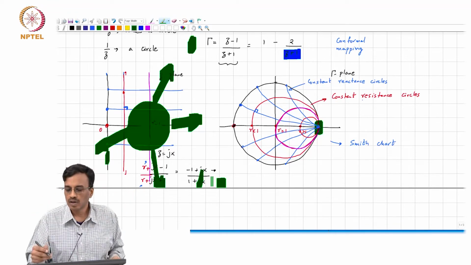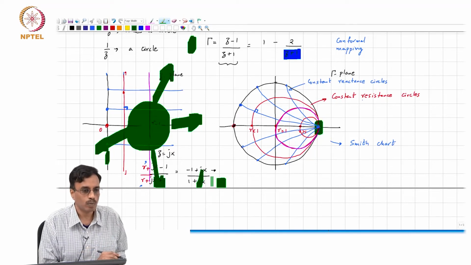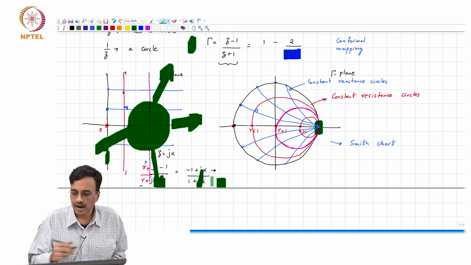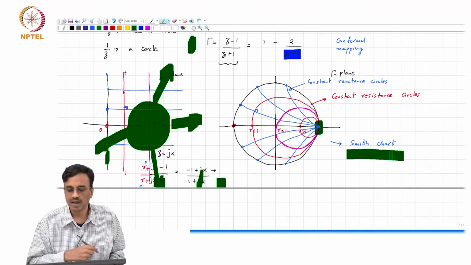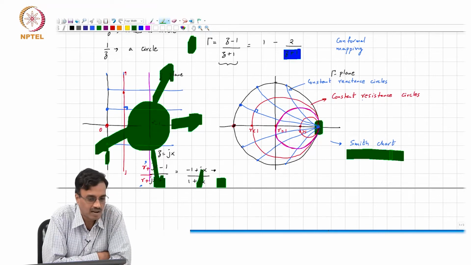So the reflection coefficient chart is a lot more useful in practice. In the early days, you didn't have calculators which would do the z minus 1 by z plus 1 with complex numbers quickly.